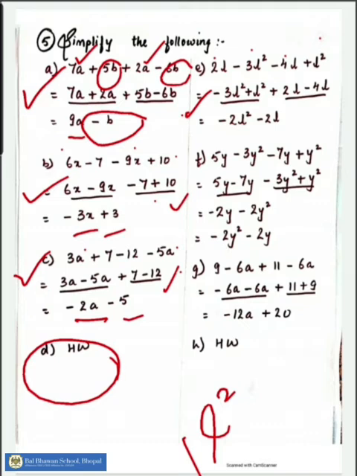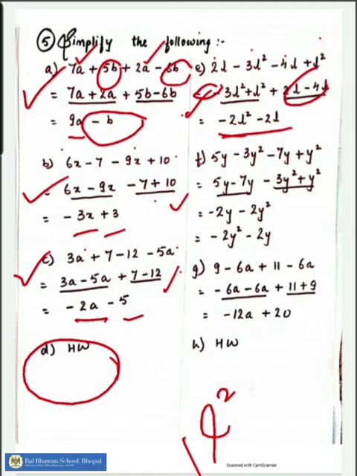So when I subtract 3 minus 1, I get 2. But over here 3 has a negative sign. So it will be minus 2l square. Minus, then again I subtract 4 minus 2, and 4 minus 2 will give me 2 with the sign of the bigger number. So I am getting minus 2l square minus 2l as my answer.